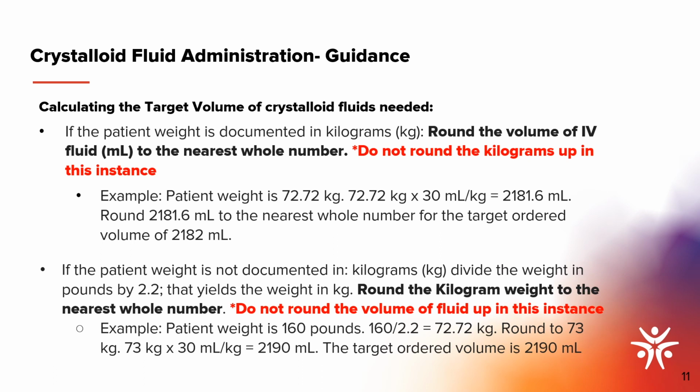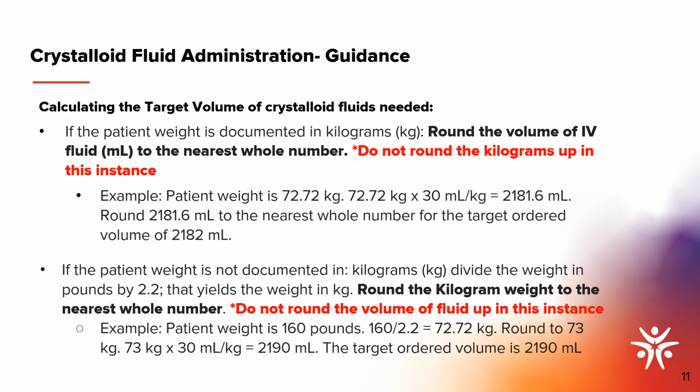If the patient weight is documented in kilograms, do not round up the kilograms, but round up the milliliters to the nearest whole number if needed. So 2181.6 milliliters would be rounded up to 2182 milliliters.